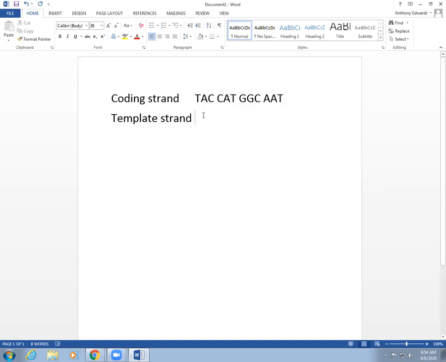So our template strand is complementary. T is complementary to A. What's complementary to A? It'll be U for RNA, but we're talking about DNA right now, so it'll be T. C is complementary to G.